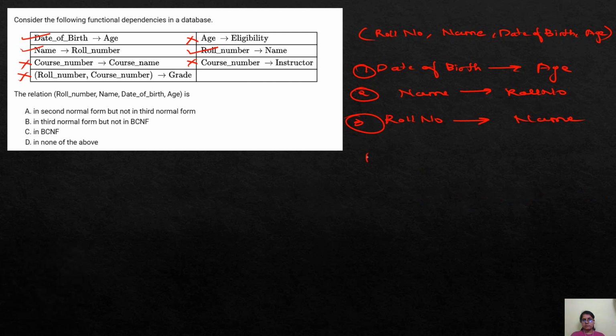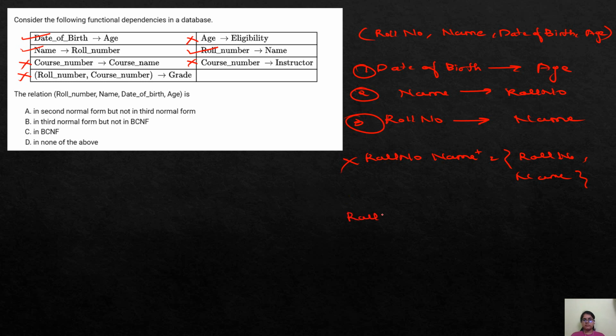Okay, so roll number, name. Let's check the attribute closure. Of course it will derive roll number and name. Can it derive anything other than this? No. So that's why this is also not a key. Let's check roll number and date of birth.